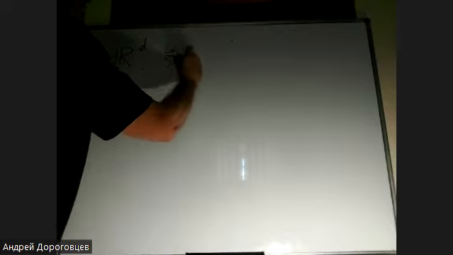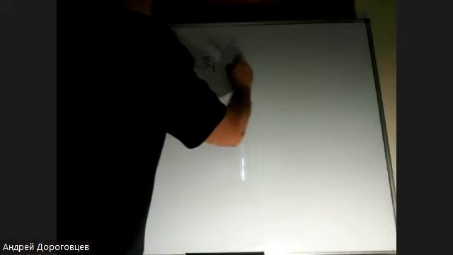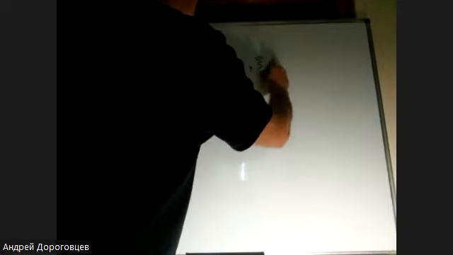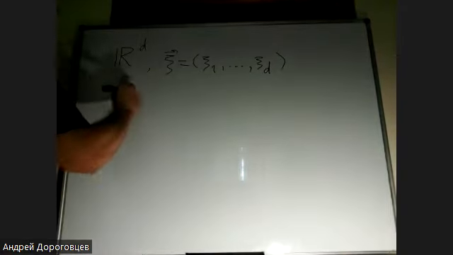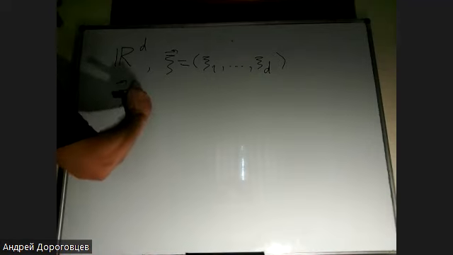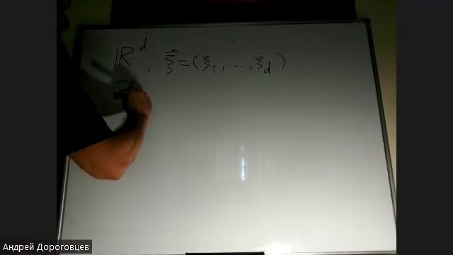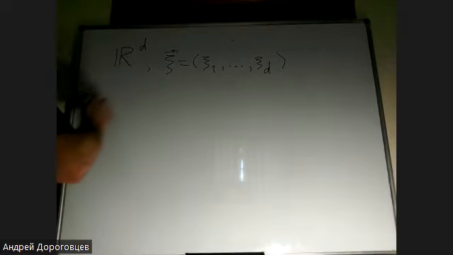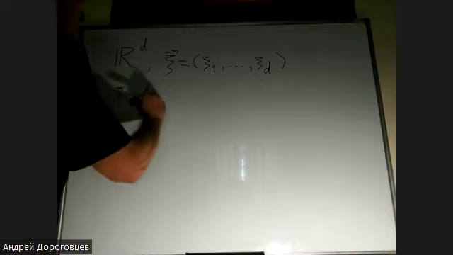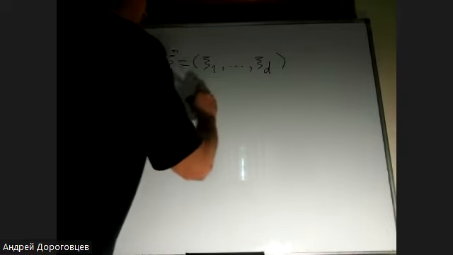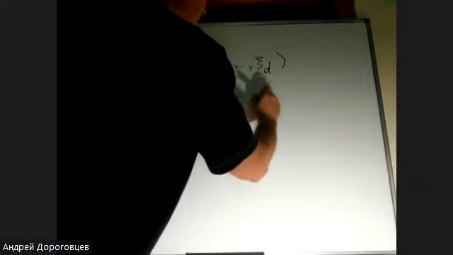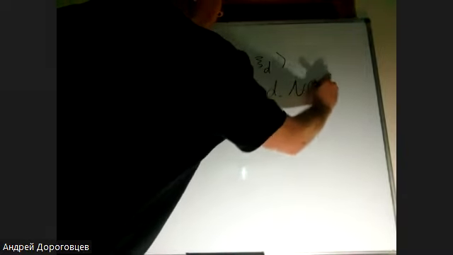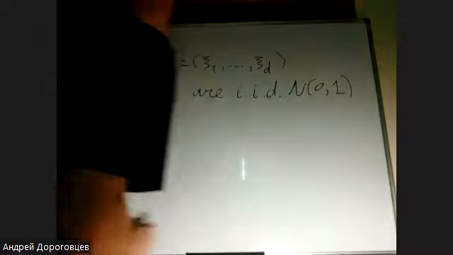We have the space R^d, and a standard Gaussian vector ξ, so that ξ_1, ..., ξ_d are standard Gaussian variables.